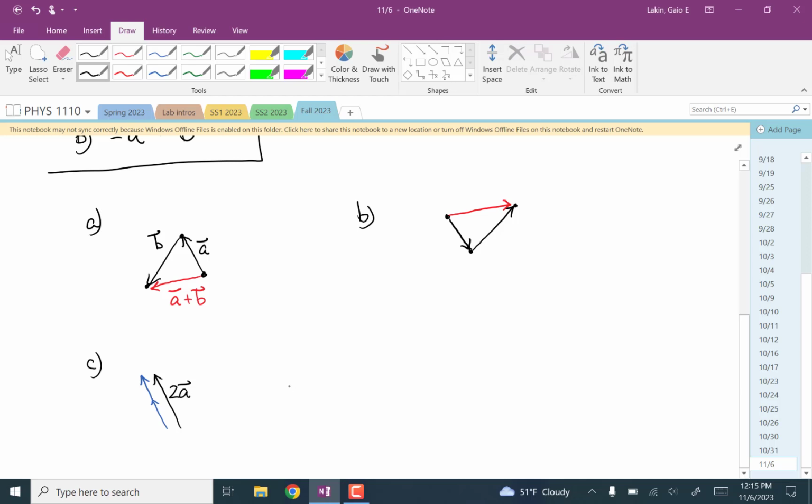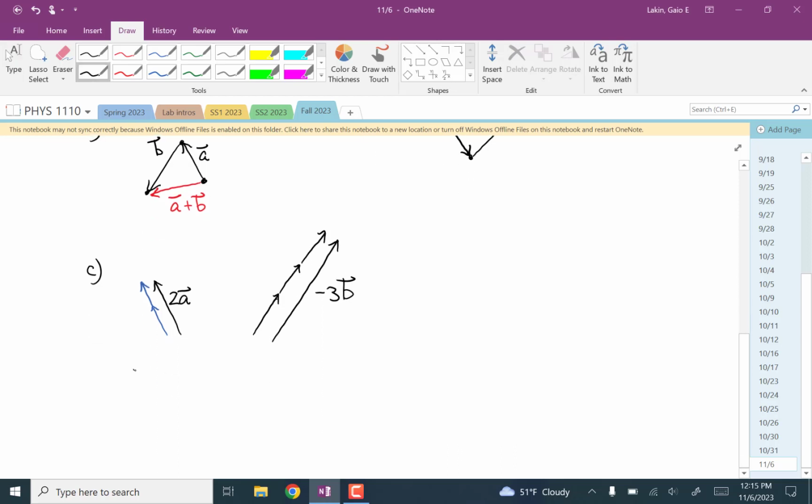And then negative 3B would be in the opposite direction of B and 3 times as long. So that's negative 3B.